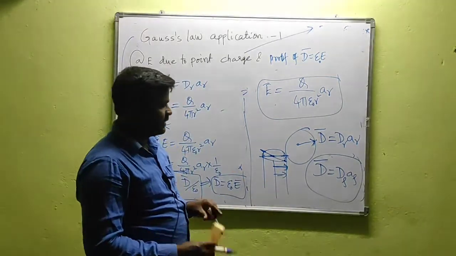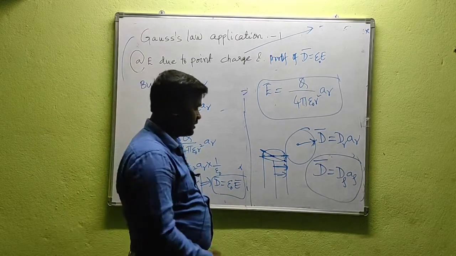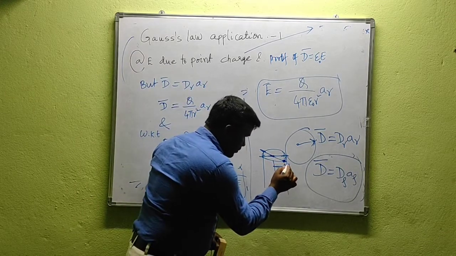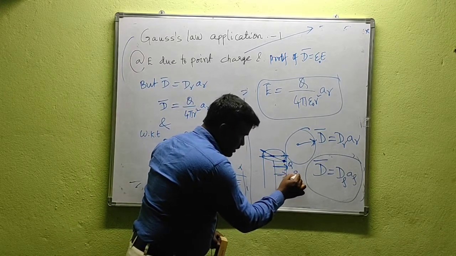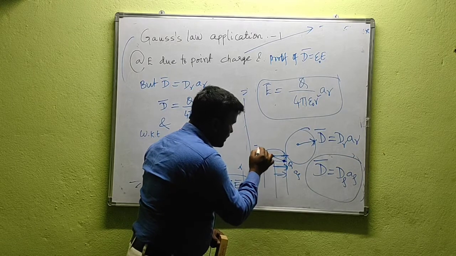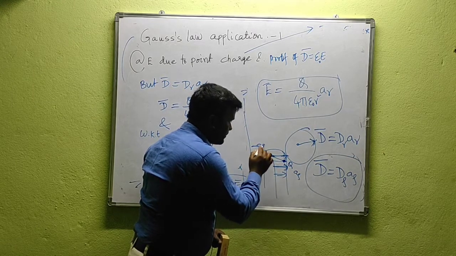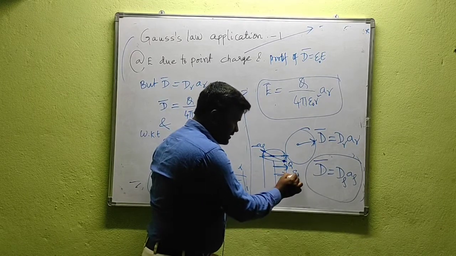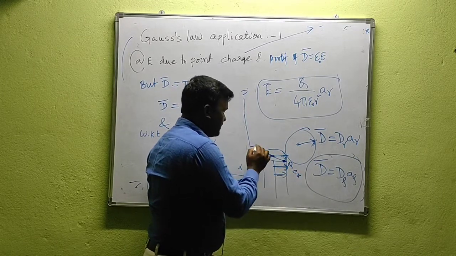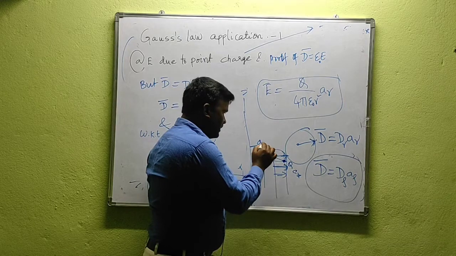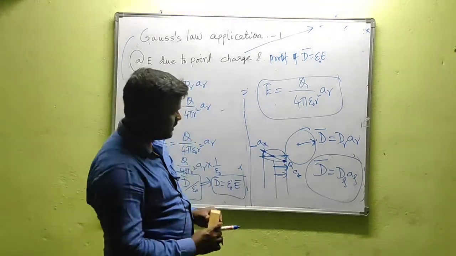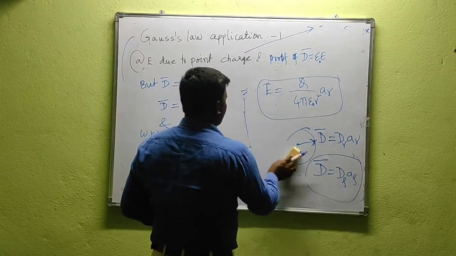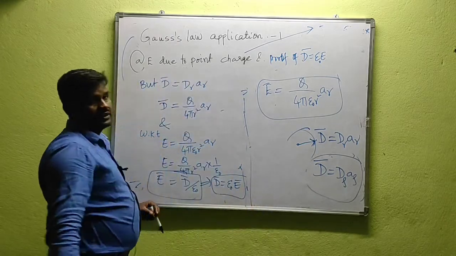That is called symmetrical charge distribution. That means if I have a positive charge here along the a rho direction, here I have a component along the negative a rho direction. For understanding purposes only, I consider rho. Otherwise, if it is x, ax, it should be minus ax. Clear?